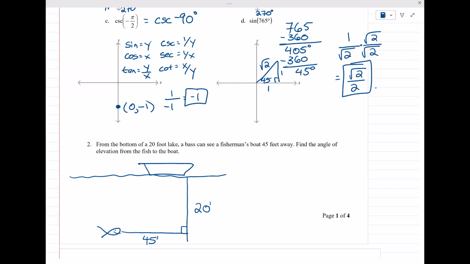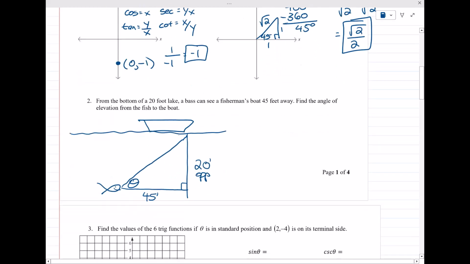Angle of elevation means if you look straight ahead, angle of elevation is going up from straight ahead. So that would be this angle right here. Well, we have the opposite side, and we also have the adjacent side. So using trig, in trig, the opposite and adjacent is tangent.